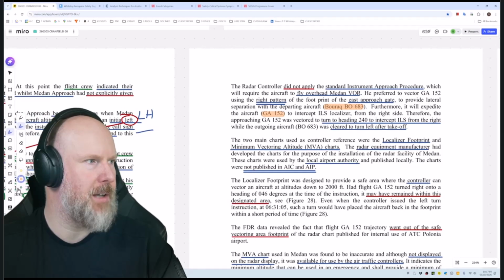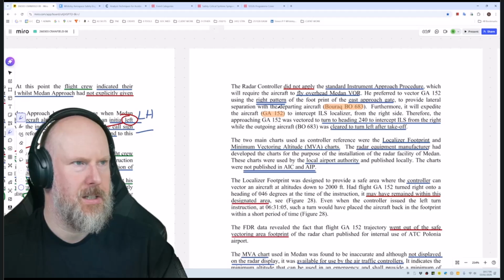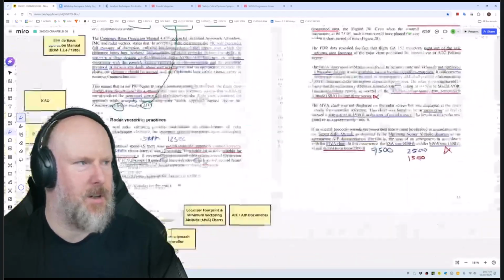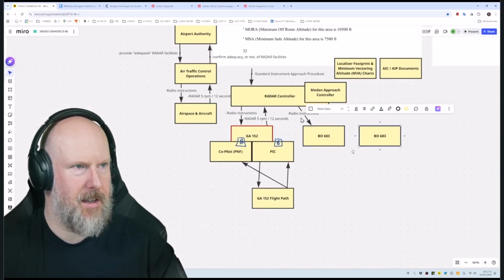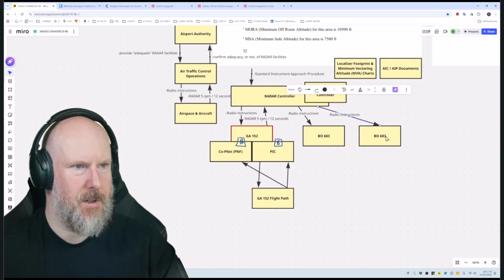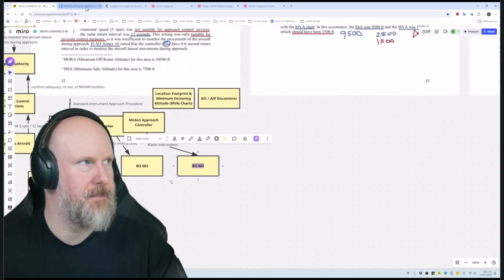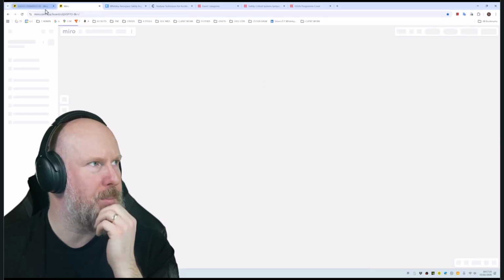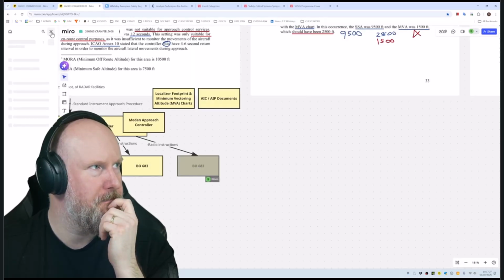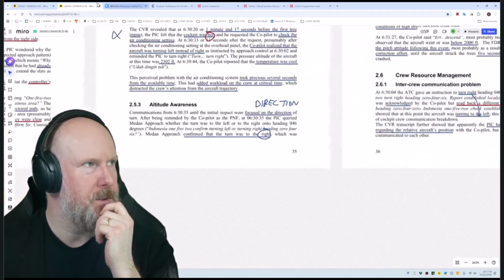Oh, so that was the departing aircraft. So that's the departing aircraft there. And so in this context, I'm just going to steal this one. Let's put it on both screens. Zoom over here.